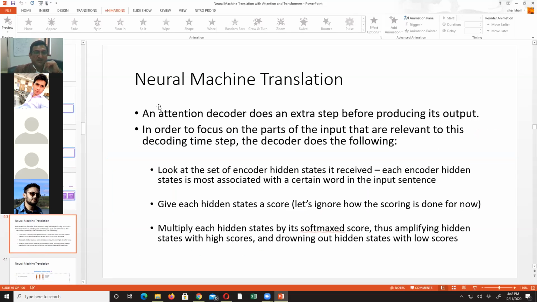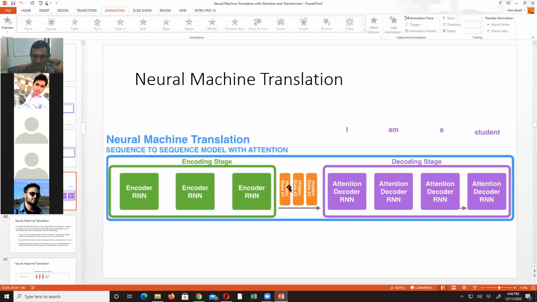An attention decoder does an extra step before actually producing output. It does not only say send these three states, it also says at what stage you should focus on which context vector.